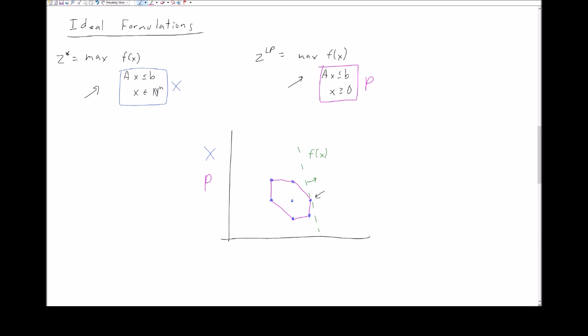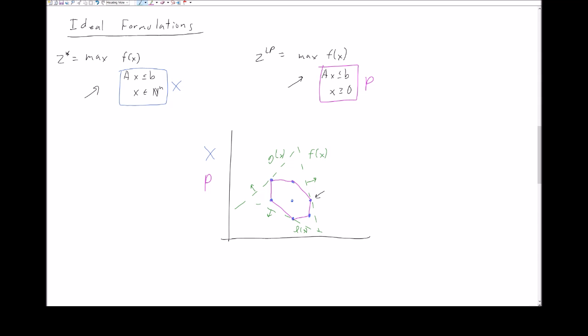This is a general feature of ideal formulations. What's interesting, though, is that if we put any other objective function here, let's suppose we have g of x, the same thing is true. At this new objective function, the optimal value for the linear program is the same as the optimal value for the integer program. And we can do this for just one more objective function. Let's suppose this one is called L of x.